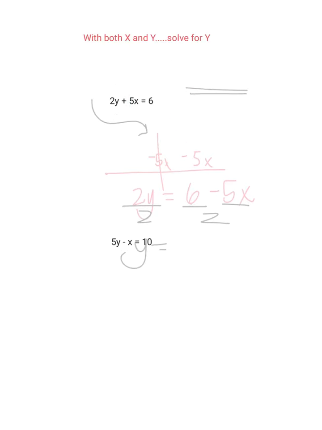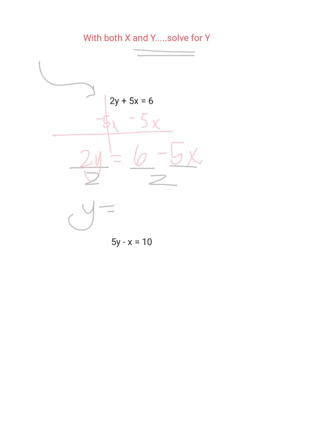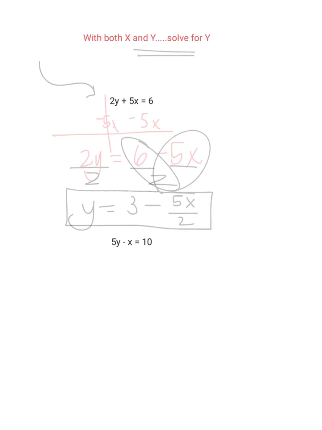So we have 6 divided by 2, which is 3, minus 5x divided by 2, which since it doesn't go in evenly, we're just going to leave it as 5x over 2. And that is our final answer. You could also leave it as y equals 6 minus 5x over 2, like that. These are the same.